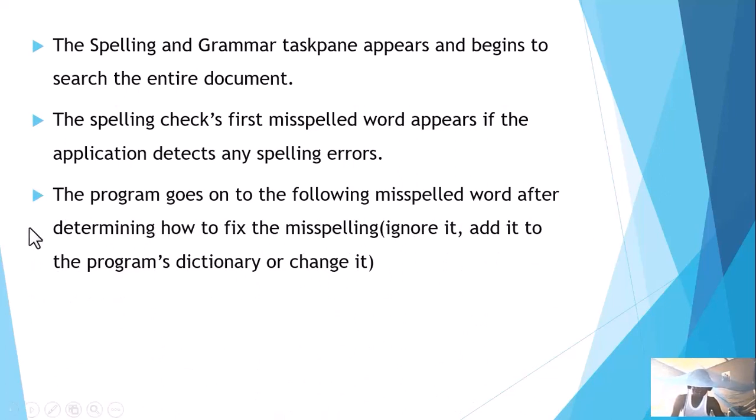When you want to keep a word, you can select Add. Sometimes you can add words to the machine's dictionary, so that next time you type the same word, it will not give you an error message.